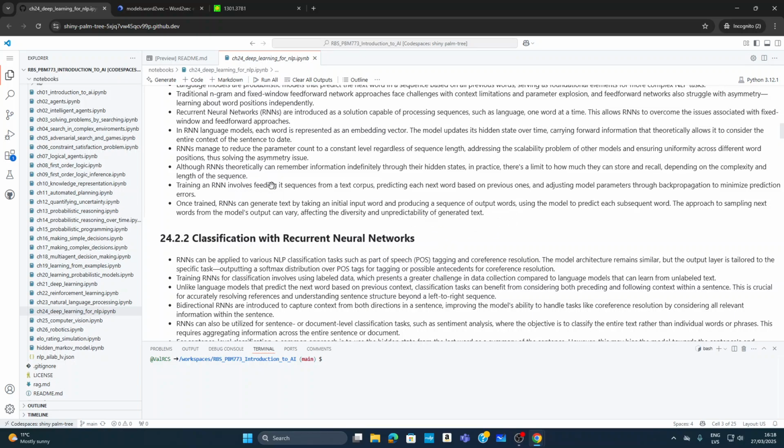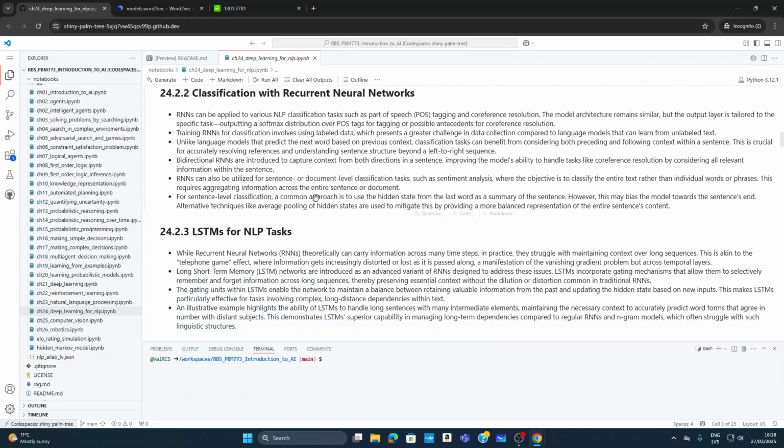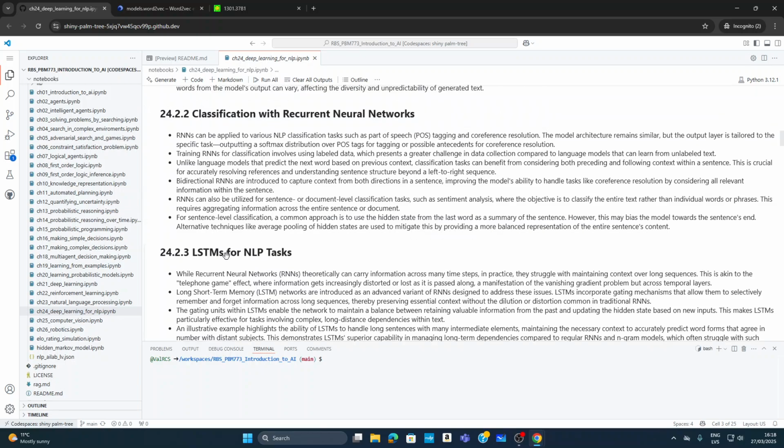We still need training, of course. And I think the book mentions some improvements. One of the improvements is something called long short-term memory. It's a network I've used quite a bit myself, actually, for OCR tasks, for recognizing text in images. It's an advanced variant of RNN.